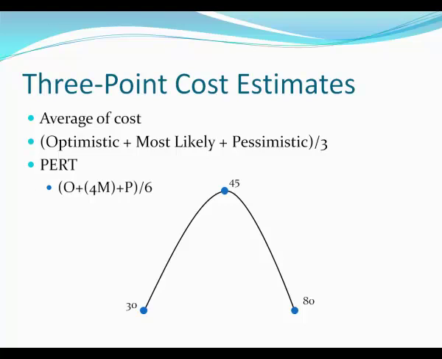A 3-point cost estimate is really just an average, where we take the optimistic cost plus the most likely cost plus the pessimistic, and we divide that by 3. It's very similar to PERT. A PERT estimate, it stands for Program Evaluation and Review Technique. In this example, though, notice that with PERT, the formula is optimistic plus 4 times the most likely plus pessimistic, divided by 6.